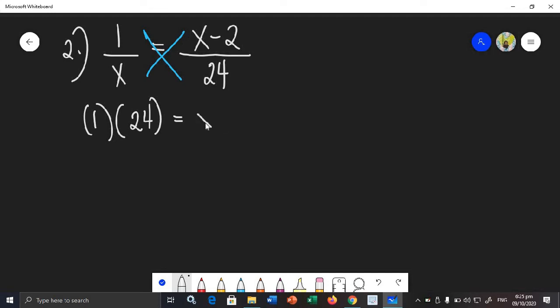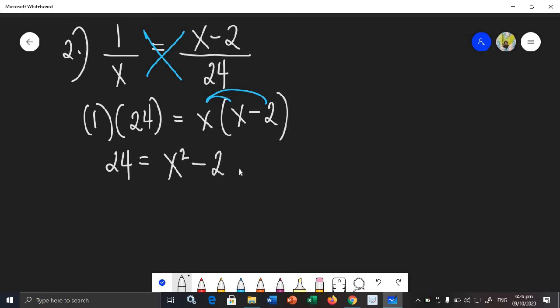Is equal to x times quantity x minus 2. So, 1 times 24, the answer is 24. X here, we need to distribute x, okay, to each term of the binomial. So, x times x, the answer is x squared. X times negative 2, the answer is negative 2x.